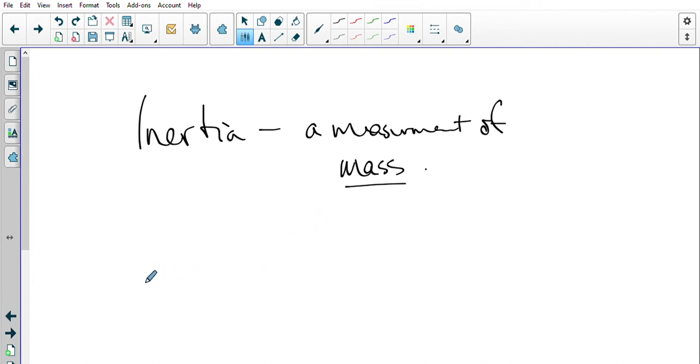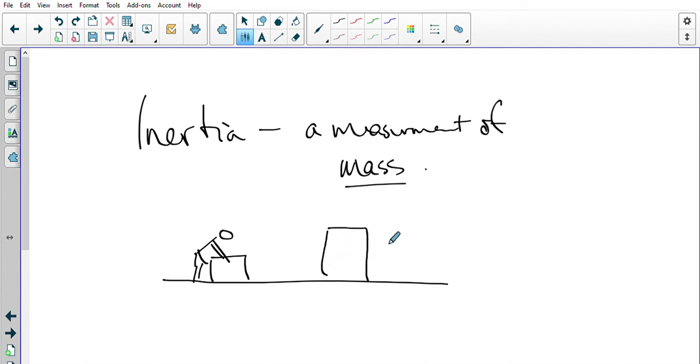But here on Earth, you can think of a box, and you can bend your knees and pick up that box. Or you can come along and have a bigger box and try to lift it up. Here you won't be able to, because it has larger mass.